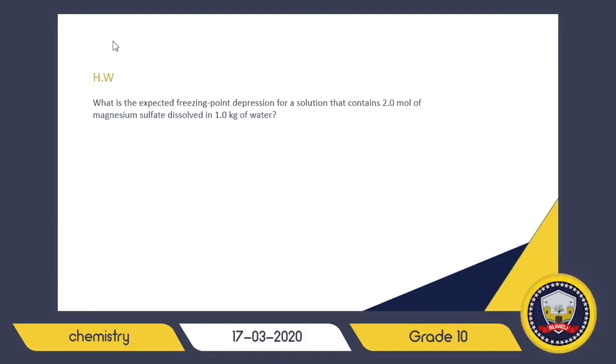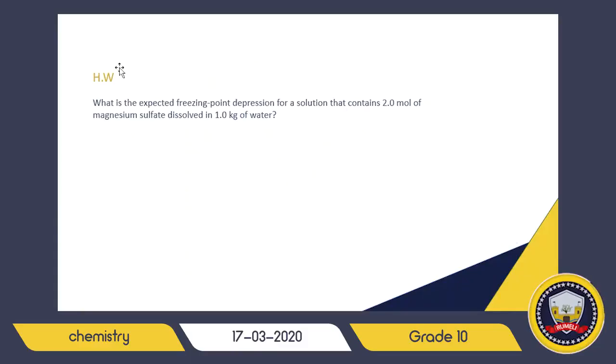So to see if we understood how to do the calculation for a solution that contains electrolytes, let's try to answer this question. What is the expected freezing point temperature for a solution that contains 2 moles of magnesium sulfate dissolved in 1 kilogram of water? This is much easier than the previous question.